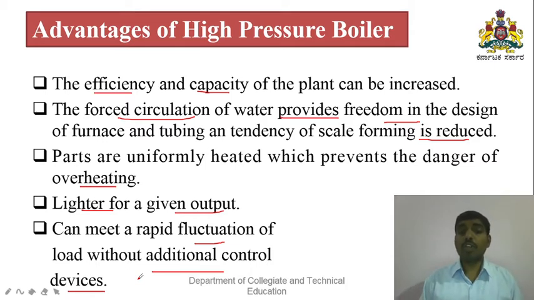The load factor varies from day to day. One day the load factor will decrease, and that time we can reduce the load. On another day the load factor is required to be more, and then we can increase the load. So we can manage both, and no extra agencies or devices are required.